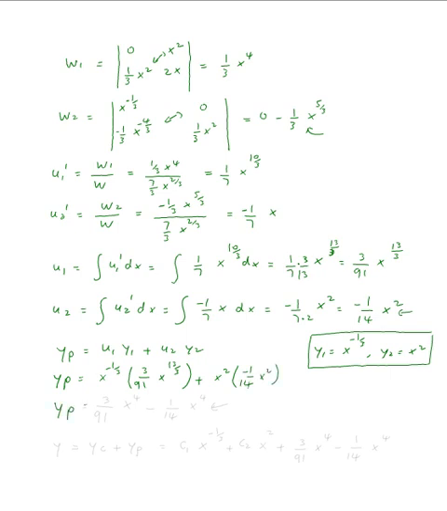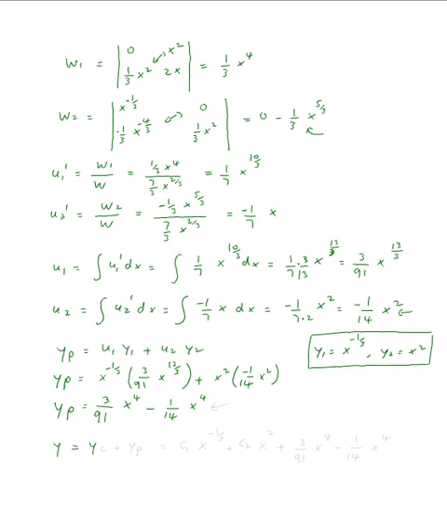So yp is equal to 3 over 91 x to the, negative 1/3 plus 13 over 3 is 12 over 3, which is 4, and then minus 1 over 14 x to the 2 plus 2, which is 4. So this is the yp.